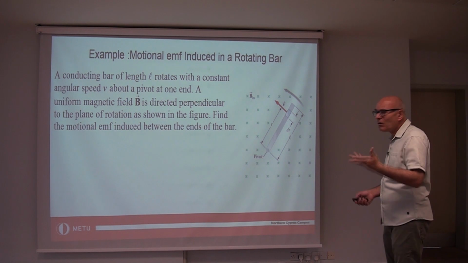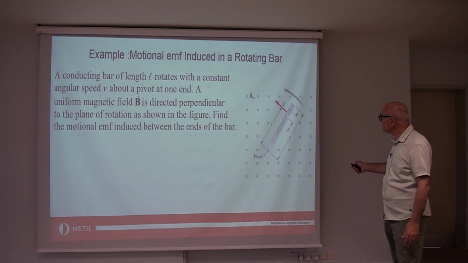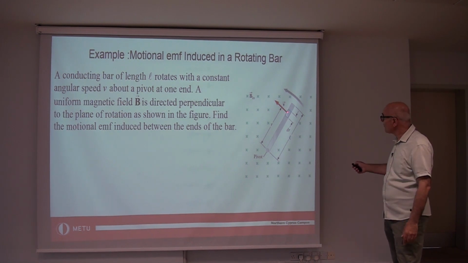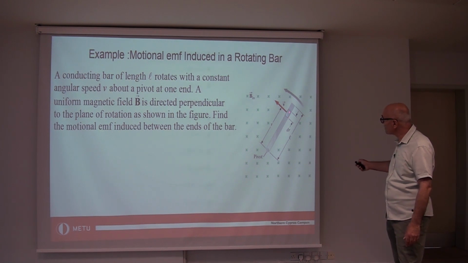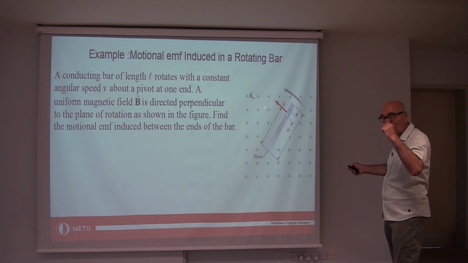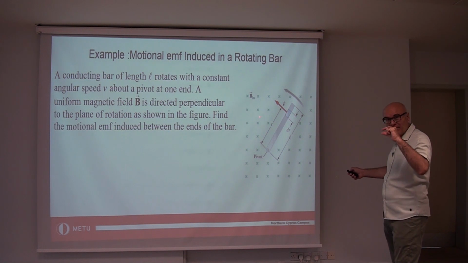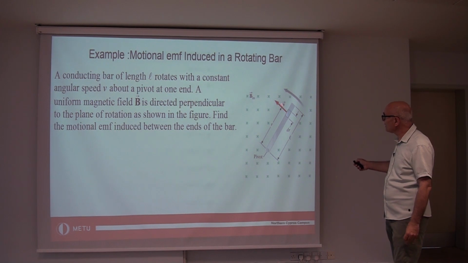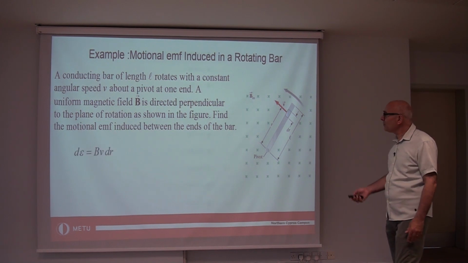So how can we proceed? As usual, we split the rod into infinitesimally small dr's. Consider one of these dr's, at a distance r from the pivot. This is an infinitesimal rod of width dr, moving with speed v.